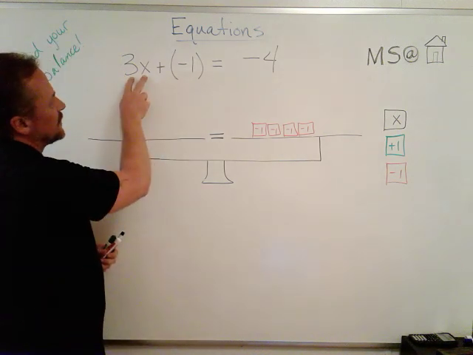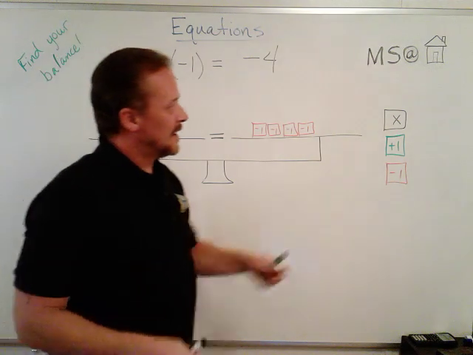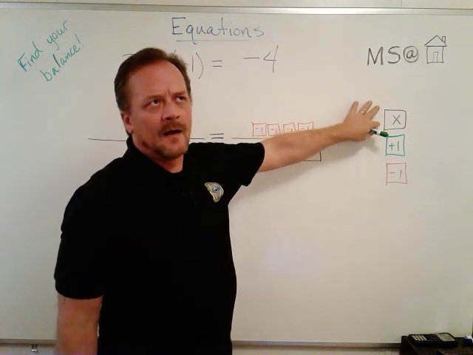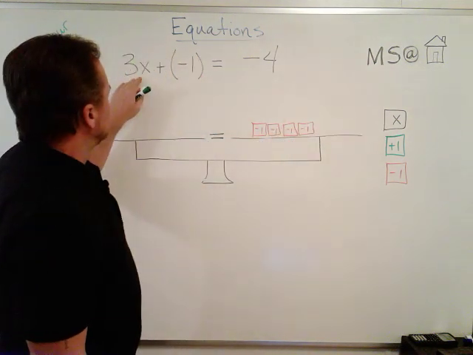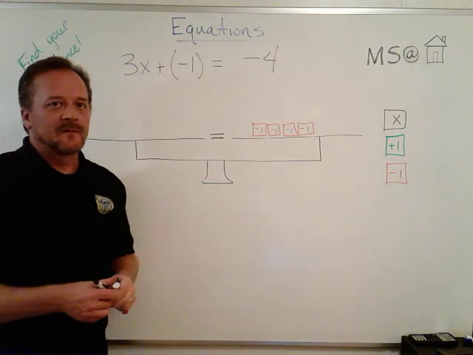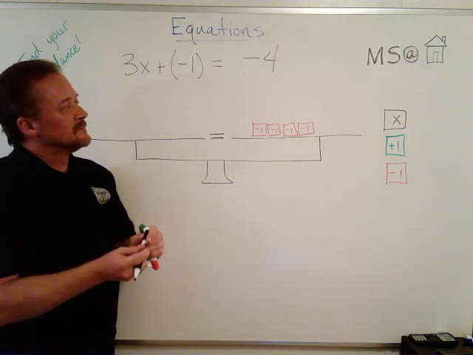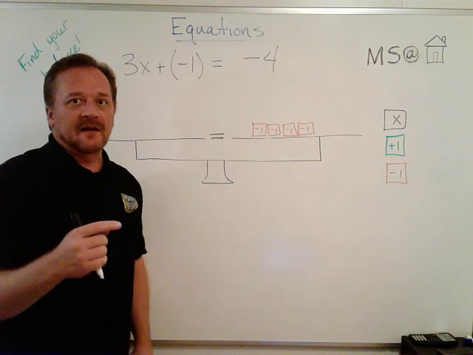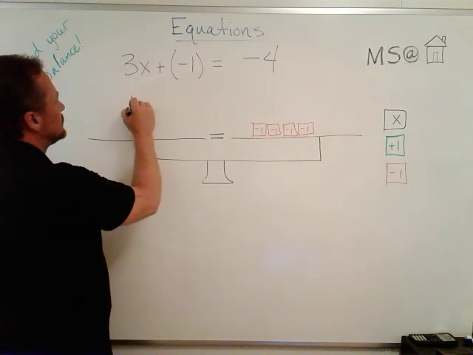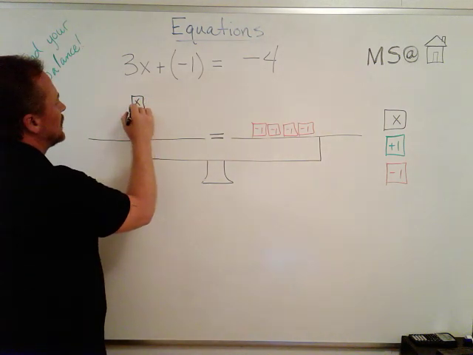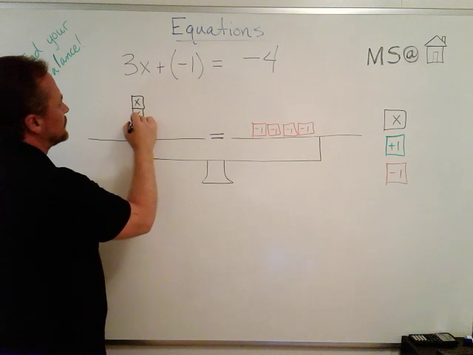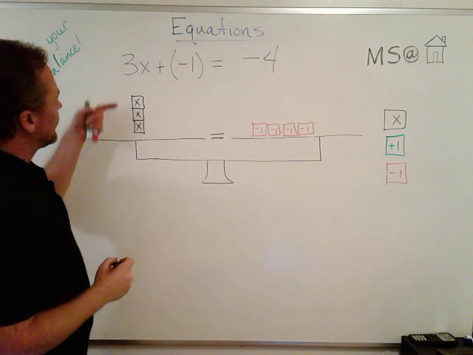This side has x's and a -1 here. Let's look at just the 3x for now, okay? I have an x block, right? How would I show 3x on my pan balance? Well, if each one of those blocks is worth 1x, then I need 3 of them, right? And these I'll just stack, because why not? So there's my 3x.